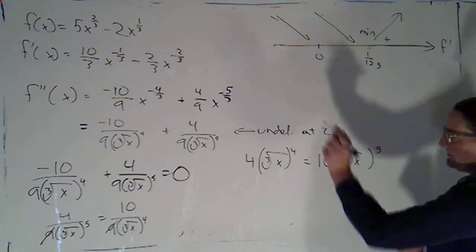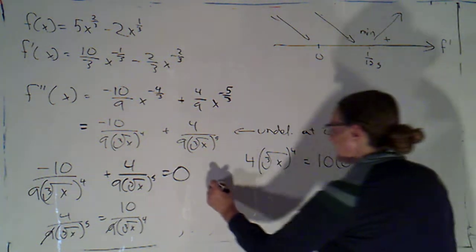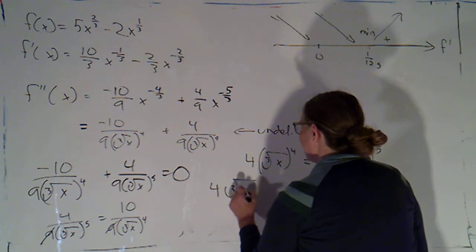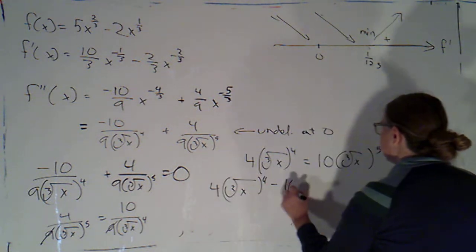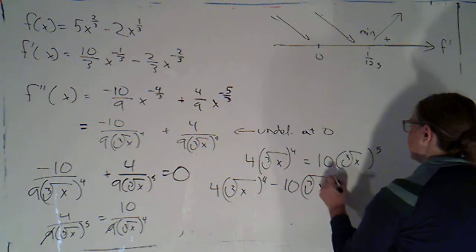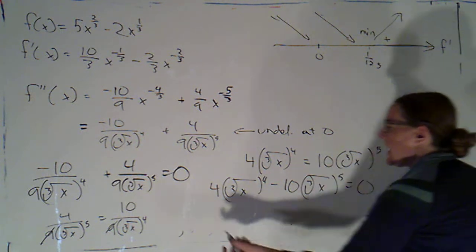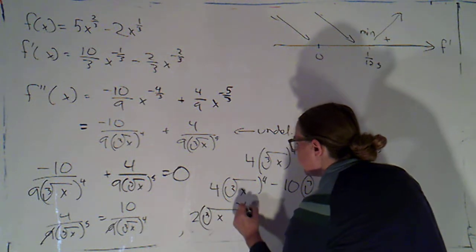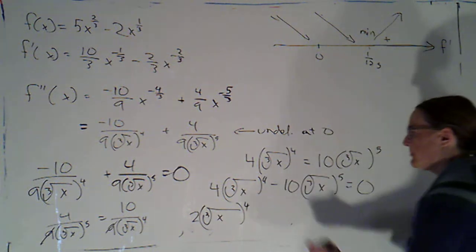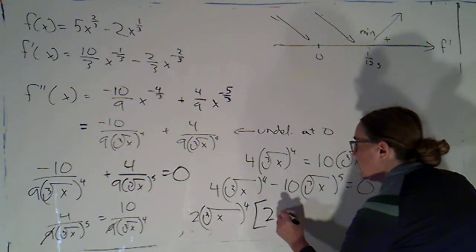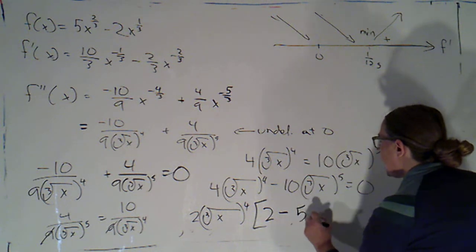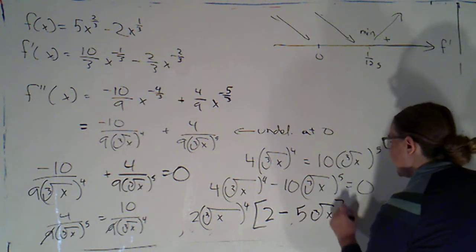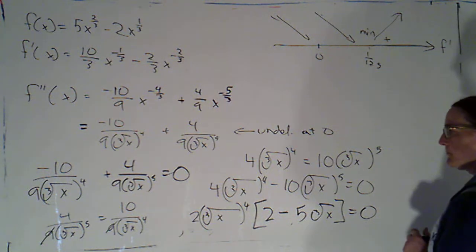Now that I've cleared denominators, let's go back to subtracting. 4 cube root of x to the 4th minus 10 cube root of x to the 5th equals 0. I can factor out a 2. And I can factor out the cube root of x to the 4th, the smaller power there. That's going to leave me with 2 minus 5 copies of the cube root of x, equaling 0.